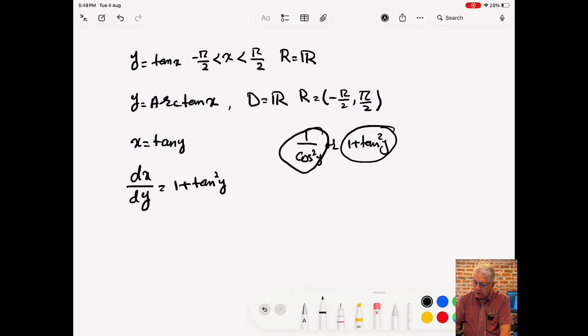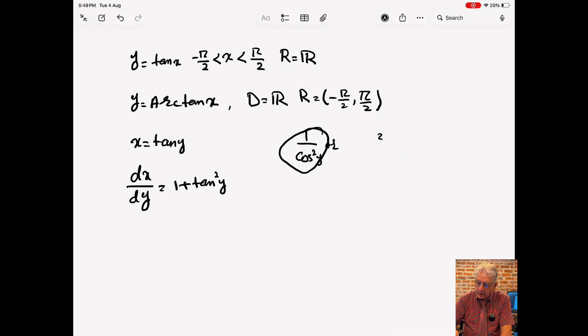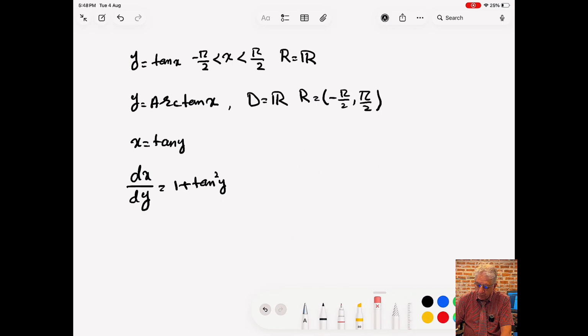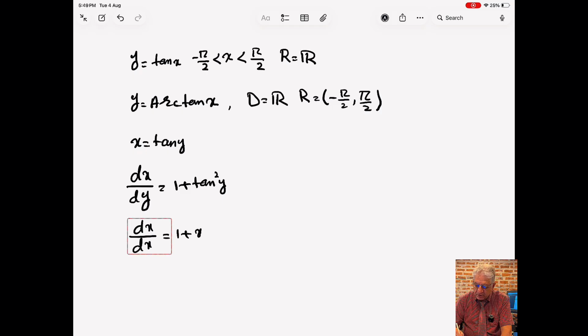I write it in this format because I need to substitute for tan y. You know that tan y is equal to x, therefore dx by dy is equal to 1 plus x squared, because tan y here is equal to x.